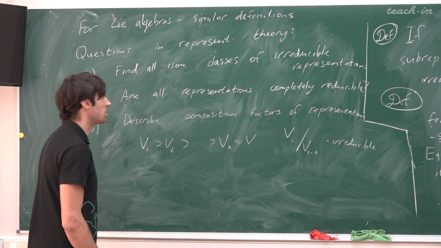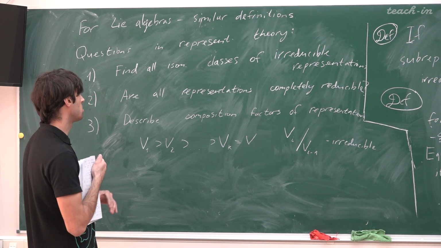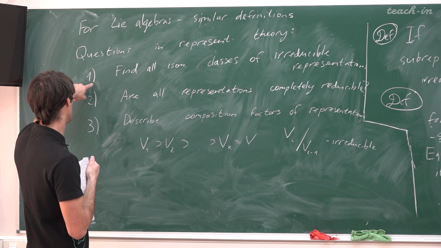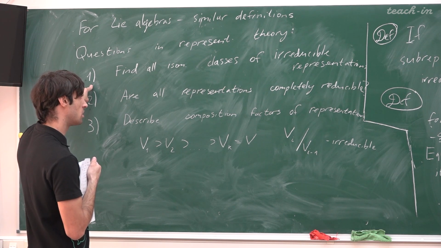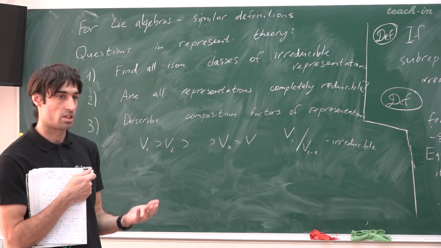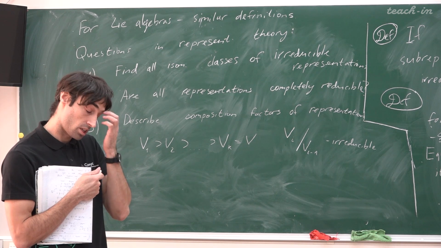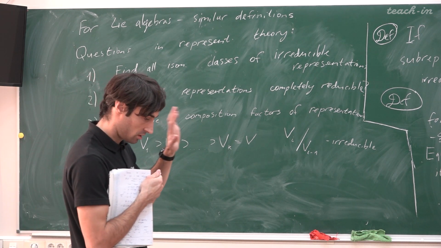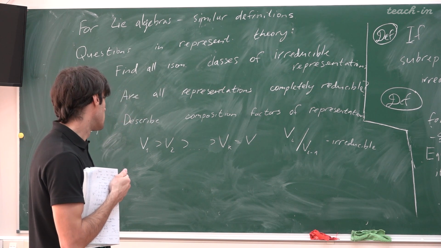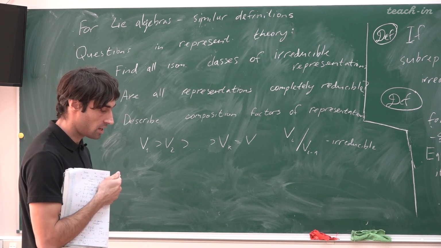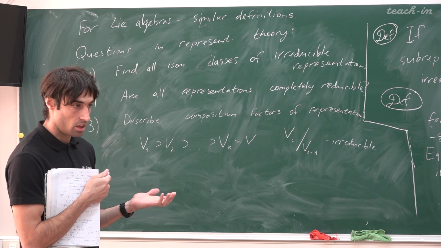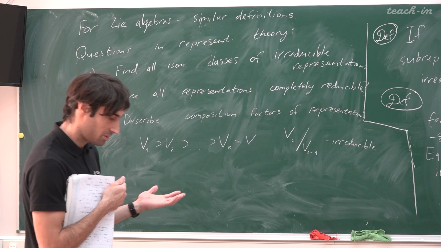So our next plan is to work on number 1 for the Lie algebra SL2, because later, maybe next semester, after studying some structure theory of Lie algebras, we will classify and construct finite dimensional representations of simple Lie algebras, semi-simple as well, of course.